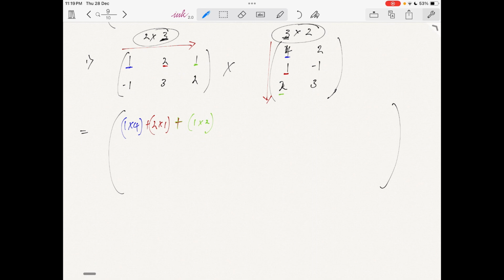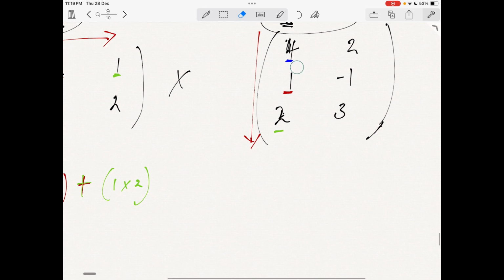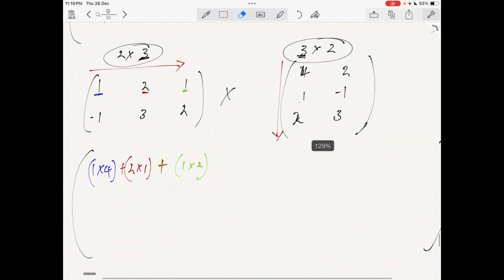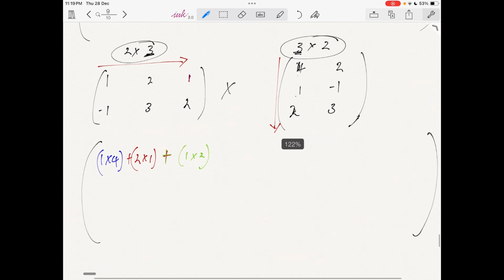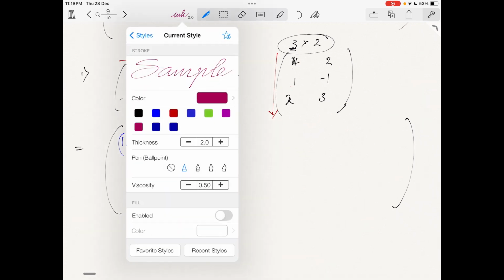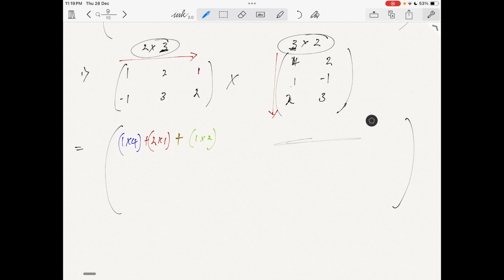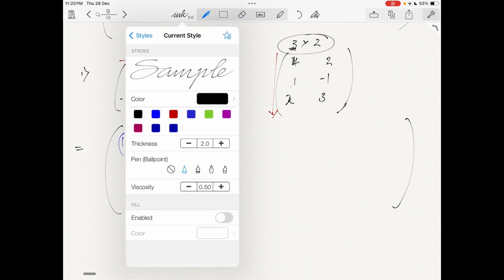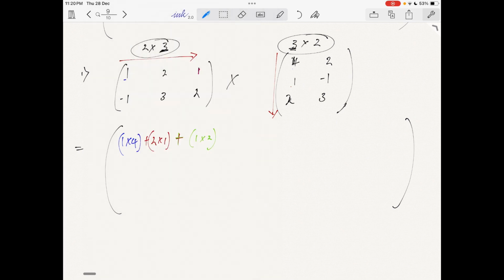Now we want to move to the second. Let's erase so that we don't get it all mixed up. For the second element, we want to evaluate what is here. Let's do it like we did before. We are considering the first row and the second column.